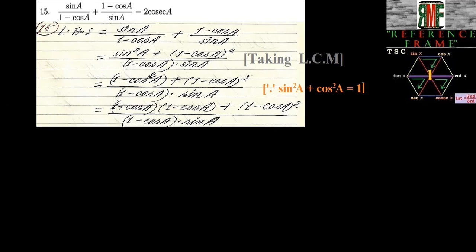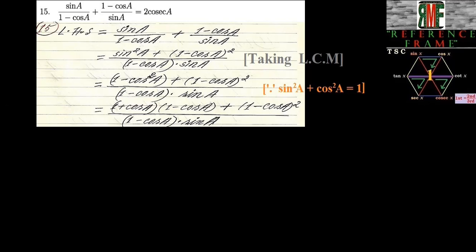Now if we apply the formula of a square minus b square, look, 1 minus cos square a can be written as 1 square minus cos square a. So a square minus b square, we can write 1 plus cos a into 1 minus cos a, and plus 1 minus cos a whole square remains as it is, divided by the denominator remains as it is.